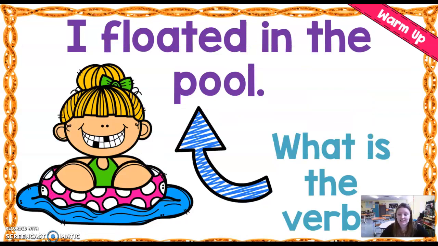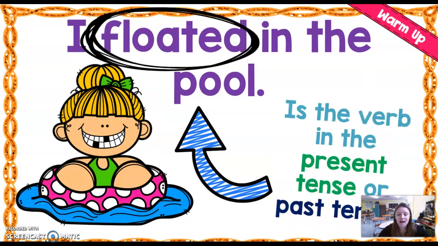I floated in the pool. Missing some teeth, it looks like. I floated in the pool. What's our verb? What are we doing? Our verb is floated. Excellent. Is this verb present tense, meaning right now, or past tense, meaning already happened? How do you know?